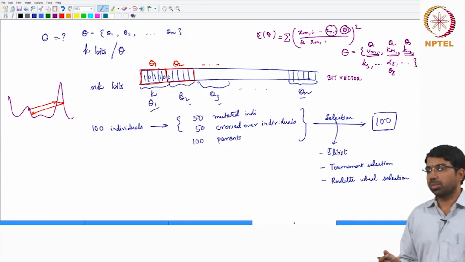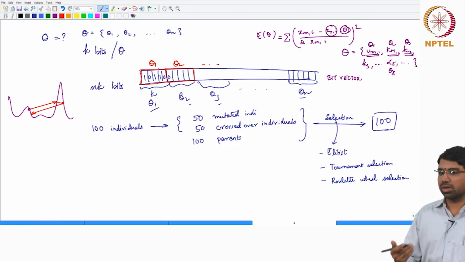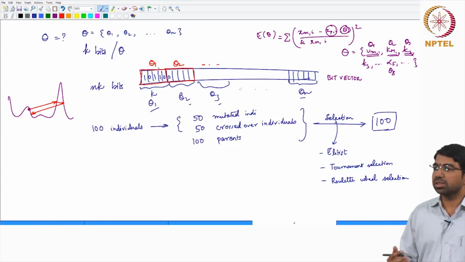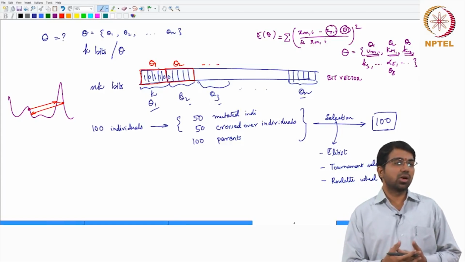There are other ways to represent. So, in any genetic algorithm, if you just take a step back to see how genetic algorithms work, the biggest challenge is that of representation. So, let us pause and take a look at what are the other domains where genetic algorithms are used.